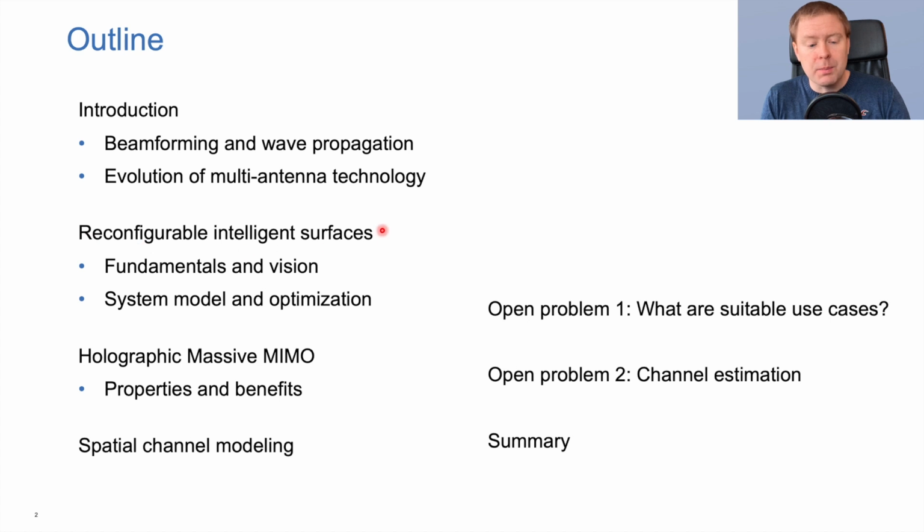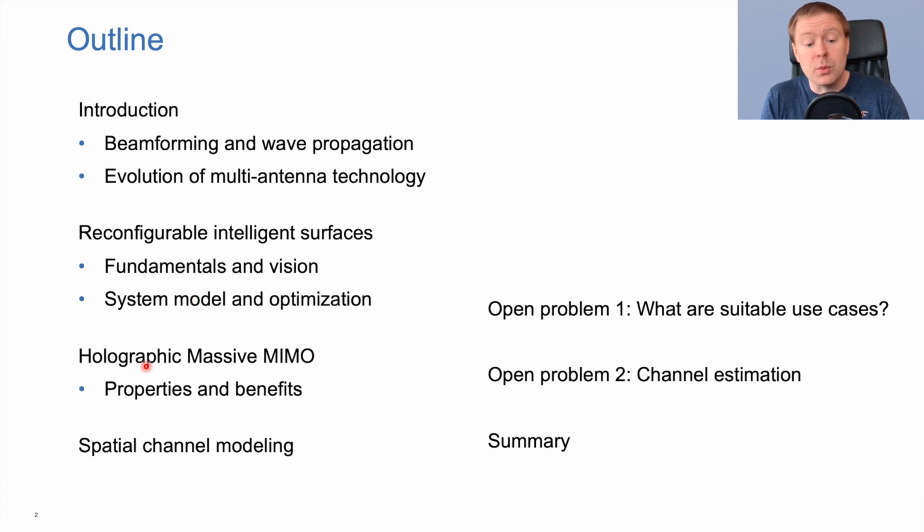Then, I will talk about, in particular, the reconfigurable intelligent surfaces, the fundamentals and the vision behind that technology, the system model and optimization. We will go into this in particular detail because I think this is important to understand the underlying theory in order to understand what we actually can do with this technology and how it's implemented.